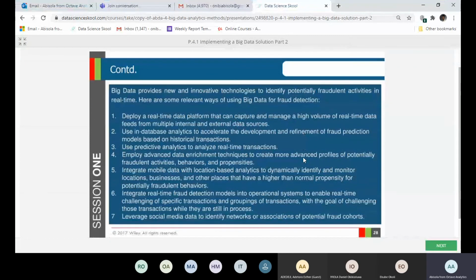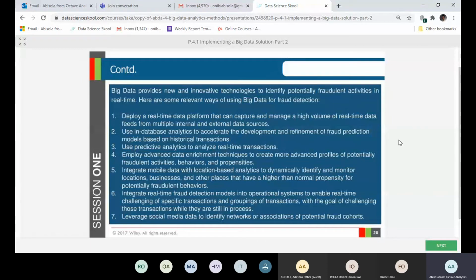So for fraud detection, I've explained fraud detection before, but just to say it again, you can use social media data to identify fraudulent cohorts. Like I said, this person has friends that have performed fraud at one particular point or the other. You can easily say that this person is a potential fraudster and track the person.